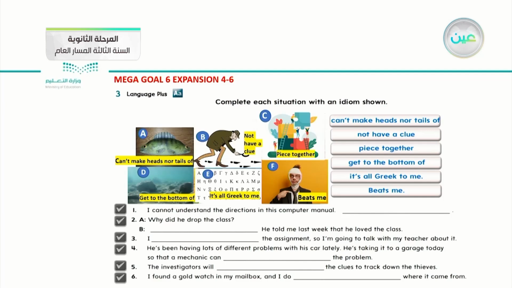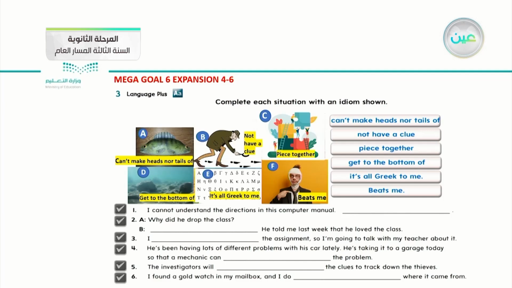Can't make heads nor tails of belongs to letter A. Not have a clue, that's what we talked about, belongs to B. Piece together belongs to C. And get to the bottom of belongs to D. It's all Greek to me belongs to E. And the last one, stumps me, belongs to F. Okay, let's begin to apply it. At first, we want to read it, and we will analyze it, and understand the meaning of the sentence before we apply these idioms with it.